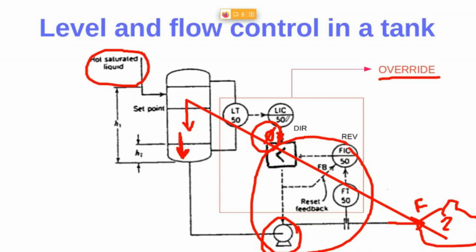So that's why typically this override control structure is working with the flow control loop. But when you have an issue because you're running out of liquid in here, this level controller takes control of the situation in order to protect this pump from being damaged.